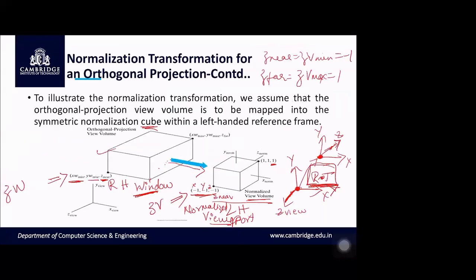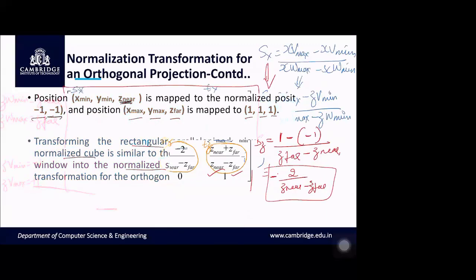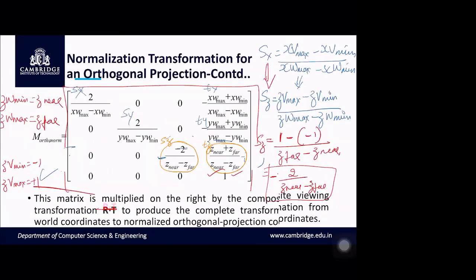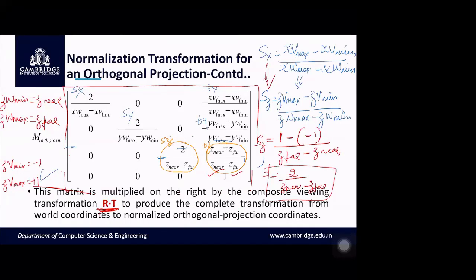R and T for what? Converting the right-handed coordinate system to the left-handed coordinate system. I need to rotate my axis. That is R and T. So this complete matrix will be multiplied with the rotation and translation. Now the whole object will come and sit into the normalized view volume.